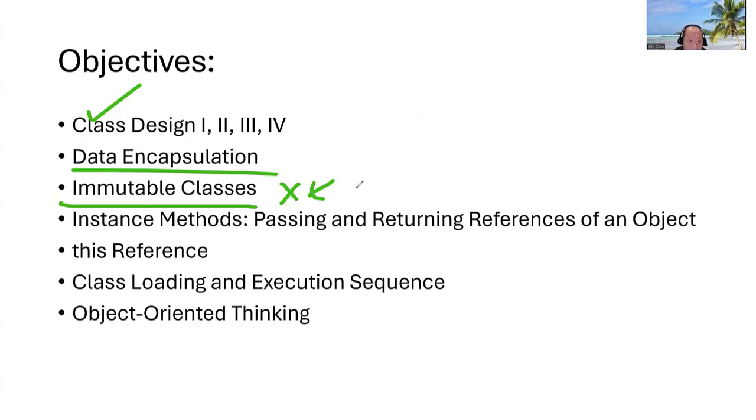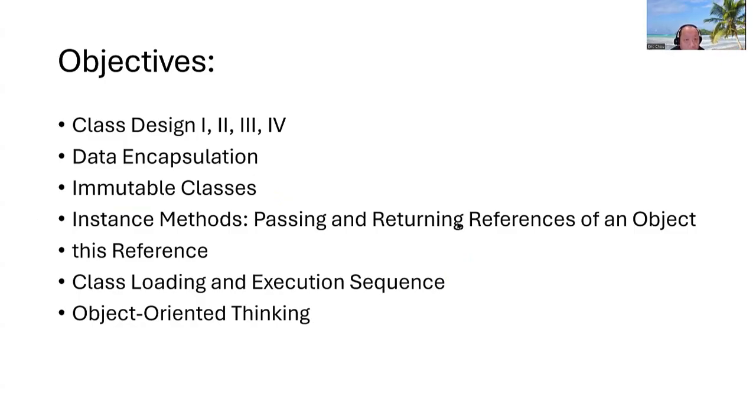Okay, but we are still teaching it. And then this one is standard knowledge you need to learn. We also talk about object-oriented thinking. So these are the topics we want to cover, a little bit more than what College Board would require.